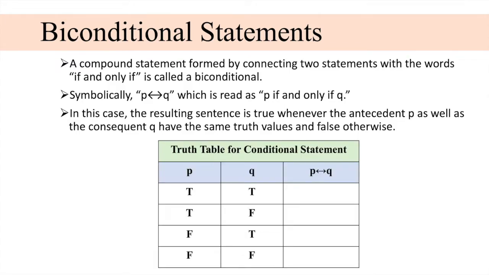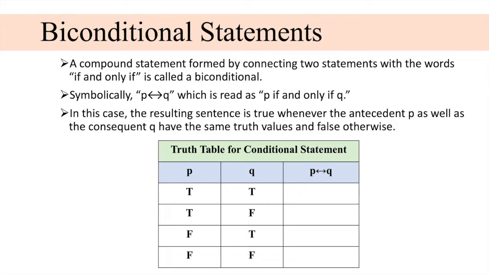So let us construct the truth table for the biconditional statement. Since we have two statements, our truth table is: true, true, false, false, true, false, true, false. The resulting sentence is true whenever the antecedent and the consequent have the same truth value. If they are both true, the resulting sentence is true. If they are both false, the resulting sentence is true.